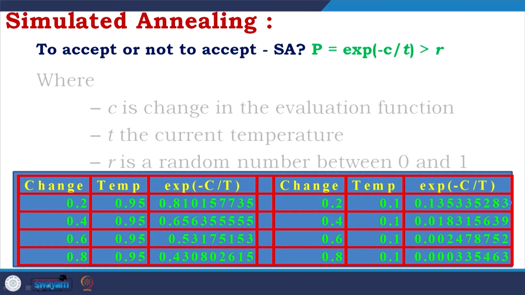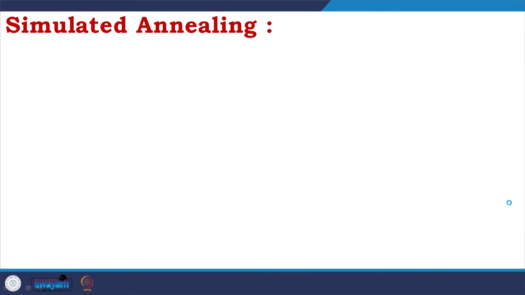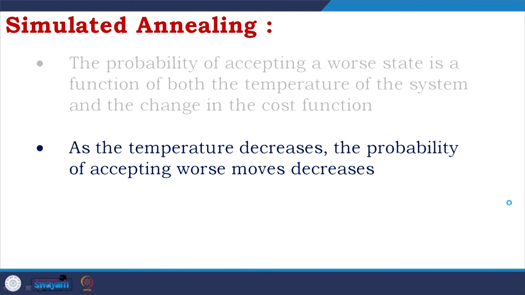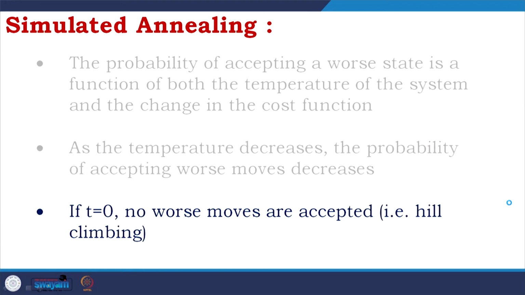You will choose only when the exponential of minus C by T is greater than R. The probability of accepting a worse state is a function of both the temperature of the system and the change in the cost function. As the temperature decreases, the probability of accepting worse moves decreases. If T equals 0, no worse moves are accepted, that is, you have to go for hill climbing.